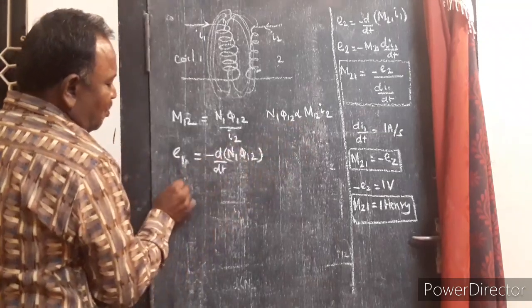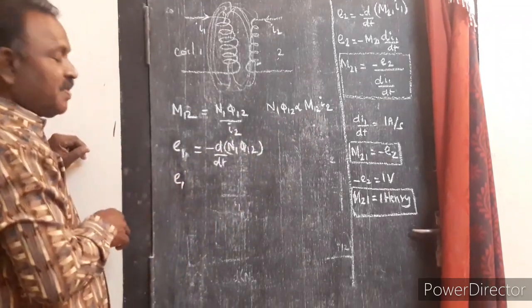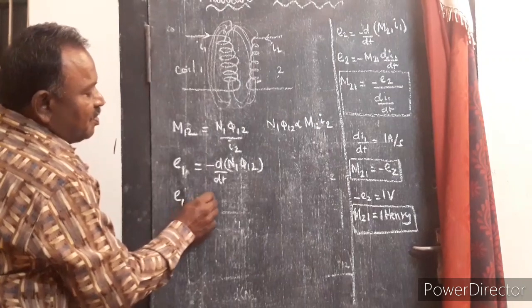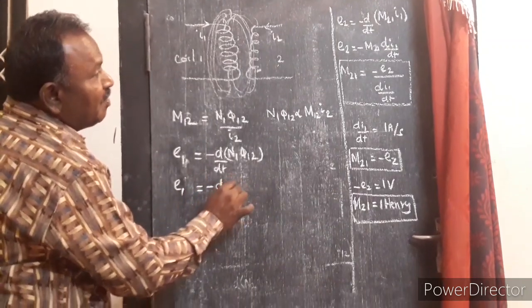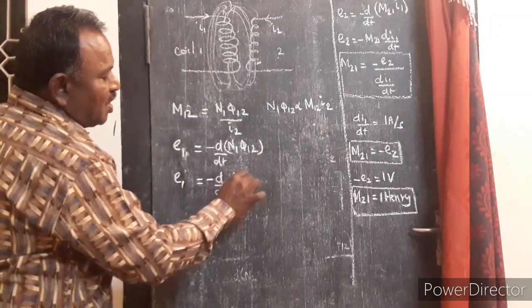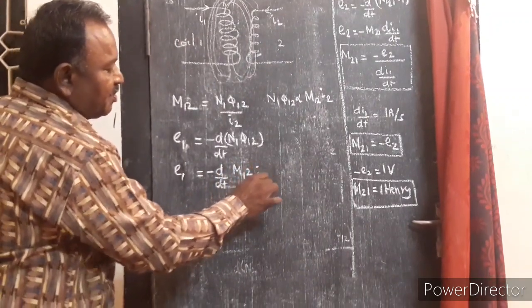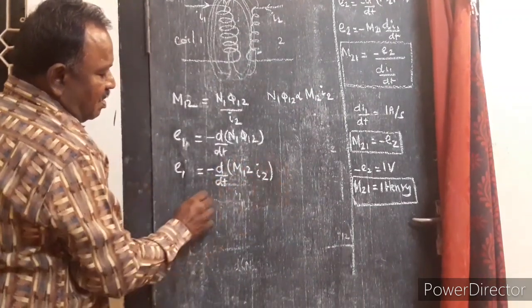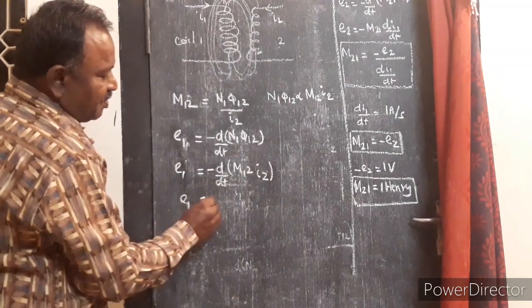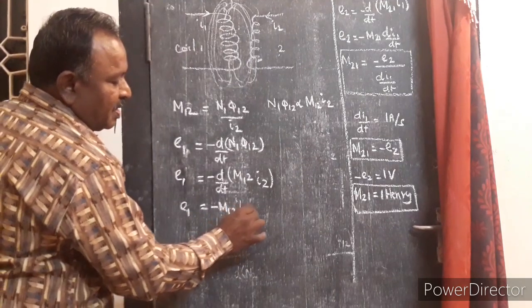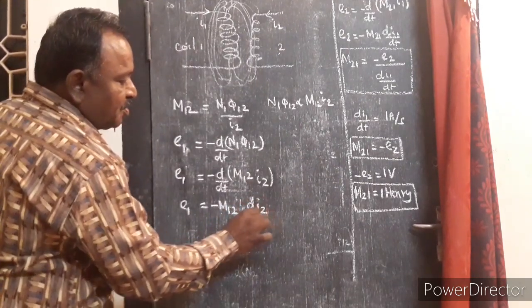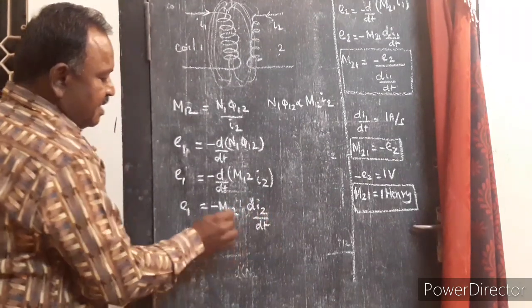Substituting it, the induced EMF in the first coil is equal to minus d by dt of M12 into I2, or induced EMF is equal to minus M12 into dI2 by dt.